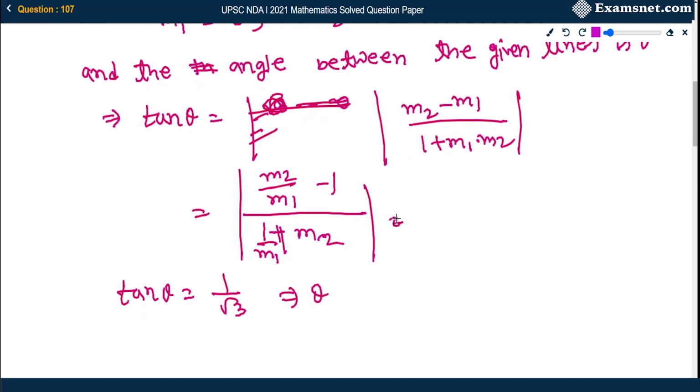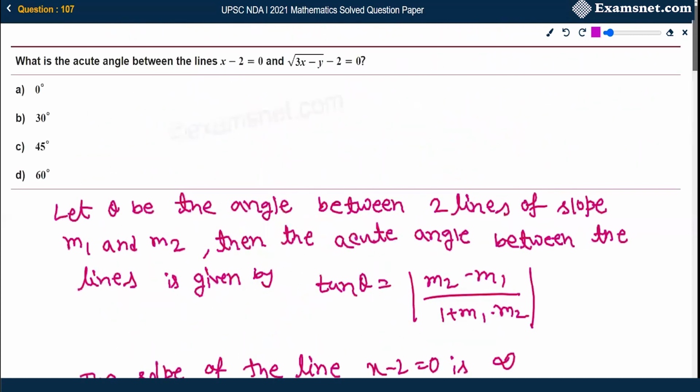So it gives that theta equals 30 degrees, because we know at the angle 30 degrees tan gives us the value 1 by root 3. So option 2 is the correct answer, tan 30 degrees. Make one correction: this is root 3x minus y minus 2 equals 0.